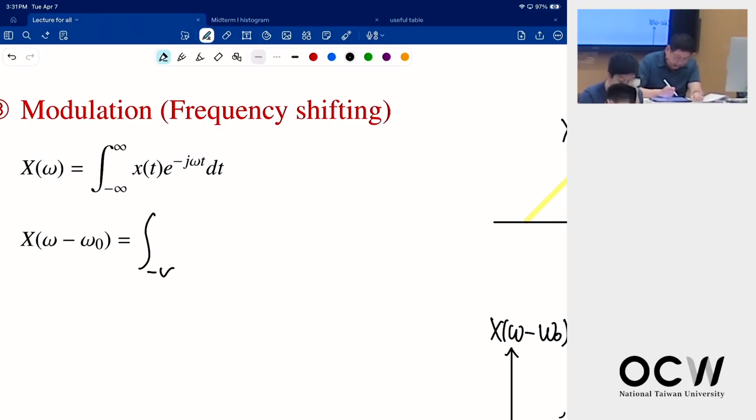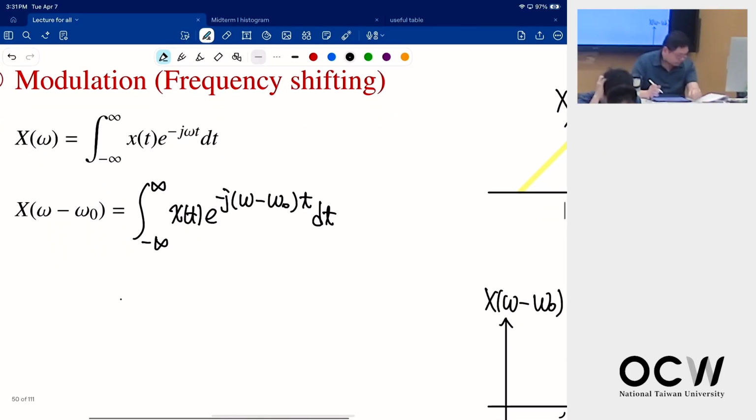So here, x(t) e to the minus j, omega now becomes omega minus omega naught, t dt. So I have an additional term.